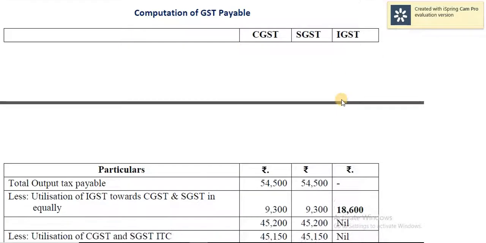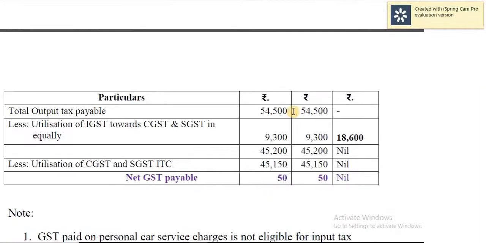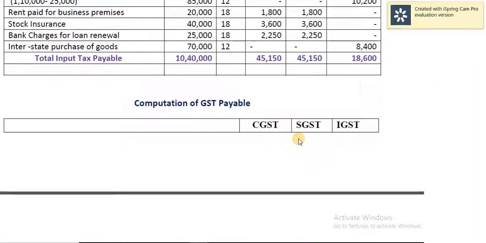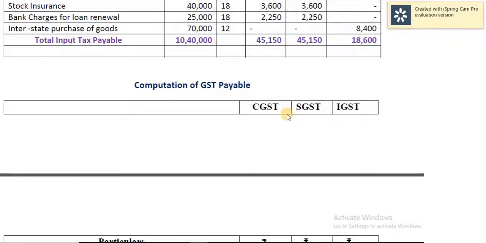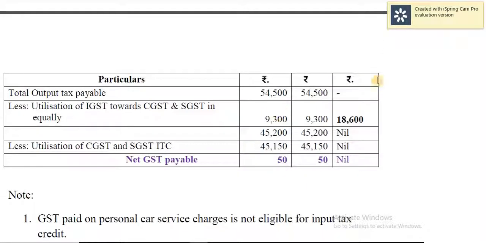Now let us find out how net tax is being computed. Output tax payable is 54,500, 54,500 and nil here. But input tax credit, you find here 18,600 IGST. So first IGST should be utilized, 18,600. There is no output tax here as far as IGST is concerned, so this is considered to be surplus.